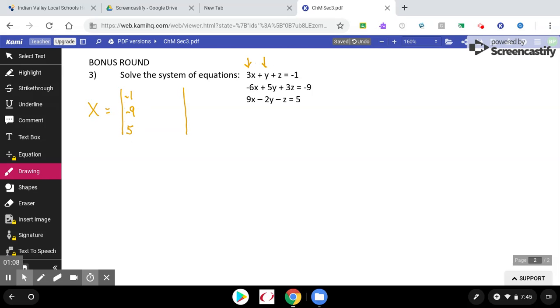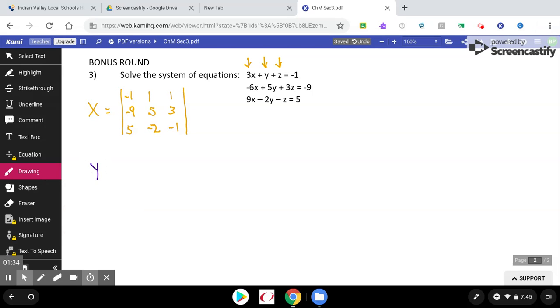Now the y's, since I'm not trying to find the y right now with this matrix, I'm going to leave: there's 1y, 5y, -2y. And in the z column, there's 1z, 3z, -1z. So I want to find the determinant of that, which I will do so momentarily.